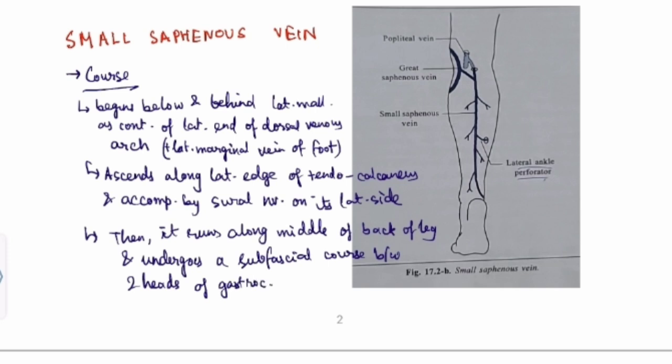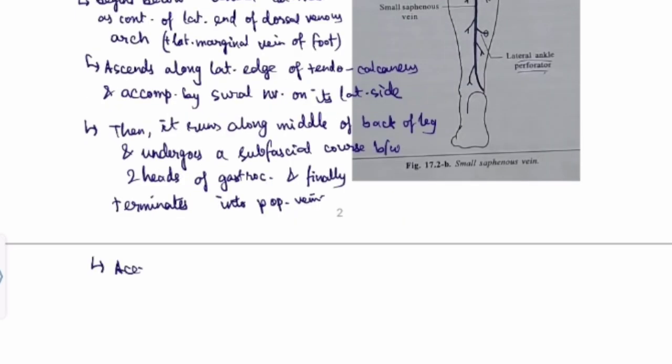See, it pierces the fascia and then undergoes the subfascial course between the two heads of gastrocnemius and finally terminates into the popliteal vein, accompanied by the posterior femoral cutaneous nerve in the upper part.